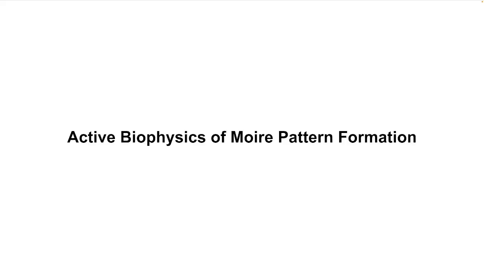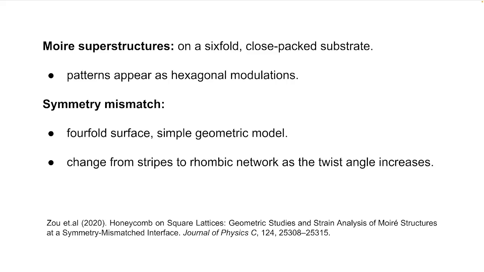So I've hinted at a number of phenomena that involve materials and producing Moire patterns and superstructures of materials. Moire superstructures are defined on a 6-fold close-packed substrate, and if you do this, you can see patterns that appear as hexagonal modulations.